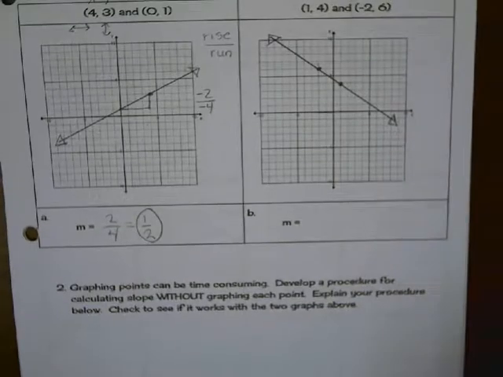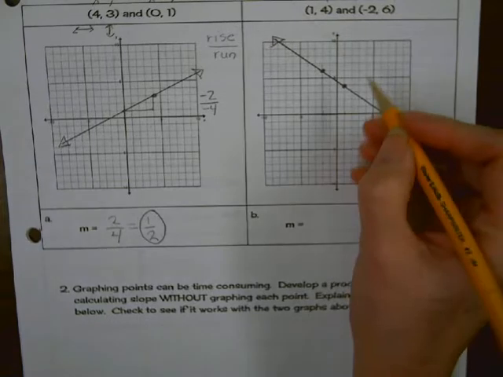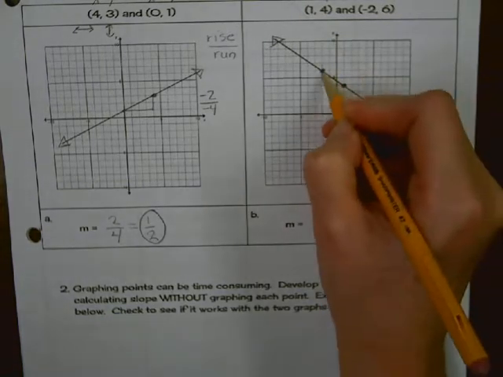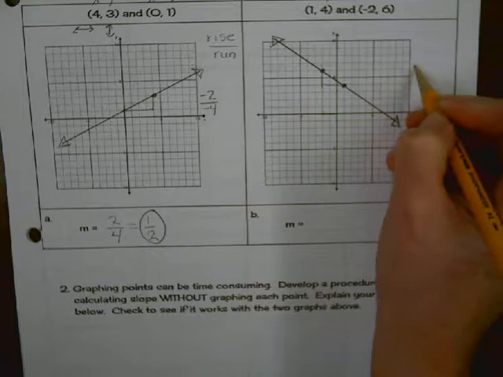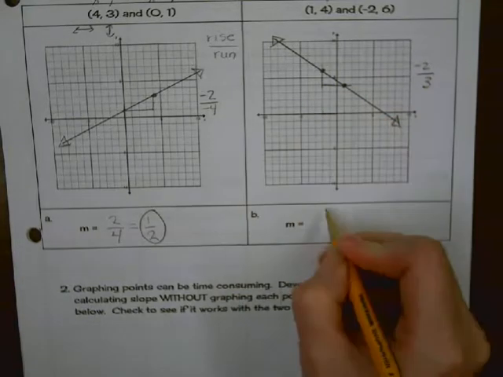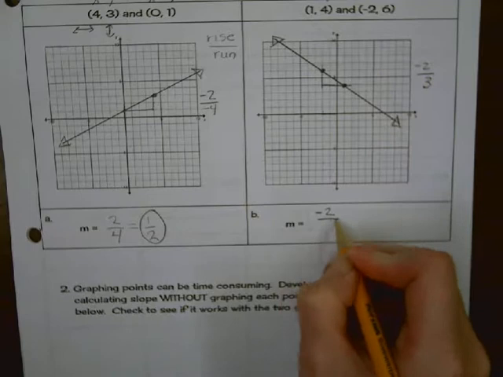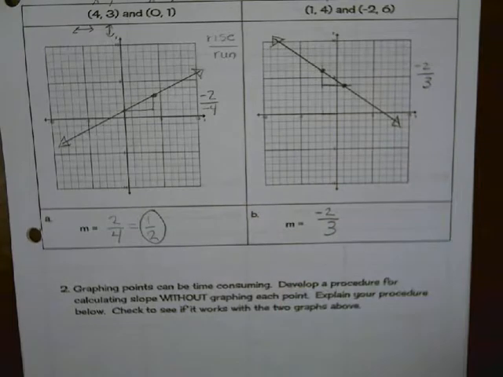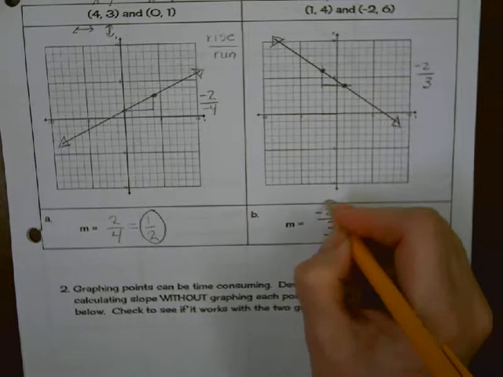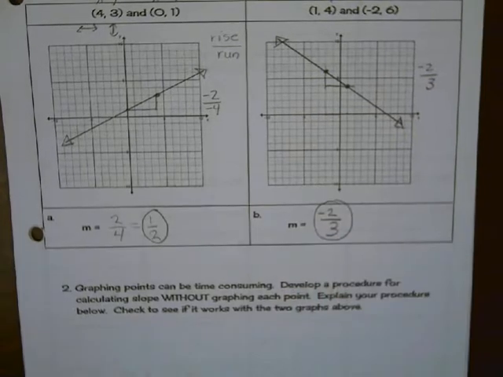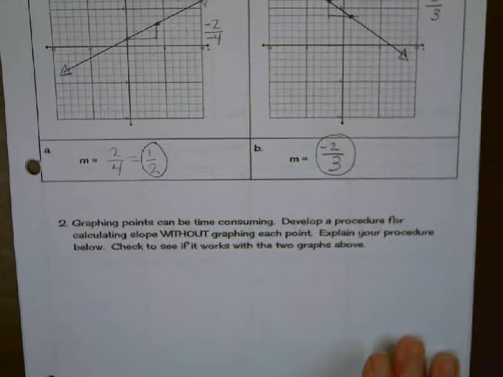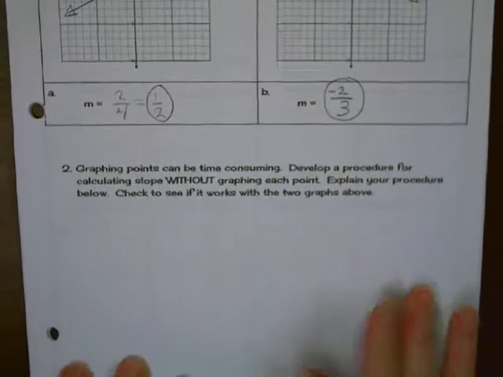Remember, you can pause the video at any time. All right, what do we have? We have down 2, 1, 2, 3, and positive 3. Down 2, positive 3. Can this fraction be reduced? It cannot. All right, so this is very similar to what we just did yesterday, counting some boxes.